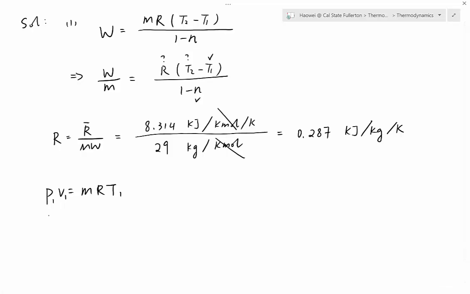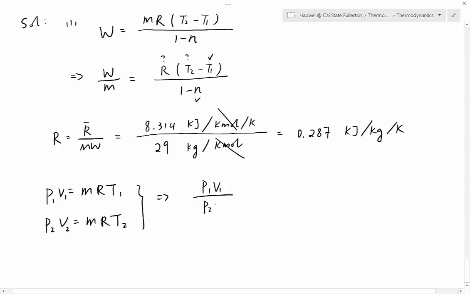Then we apply the same equation again, this time to the final state, so it becomes P2 V2 equal to mRT2. Then we take left-hand side divided by left-hand side, which must equal right-hand side divided by right-hand side.